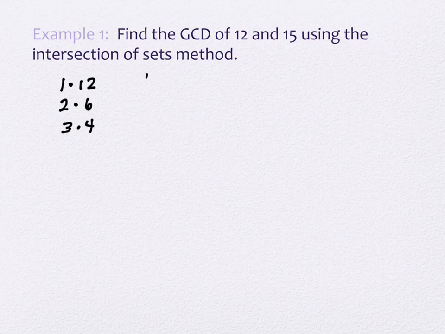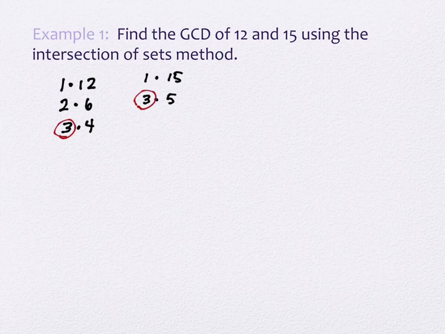Now 15. So we would start with 1 and 15. And what else did we have? 3 and 5. Small numbers are fantastic for this method, because it doesn't take us very long to write out all the multiplication facts that give you 12 or 15. And then we're looking for just the biggest number that's in both lists, and that is, what'd you say, Katie? 3.